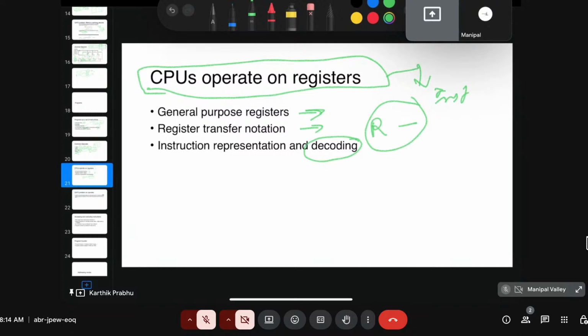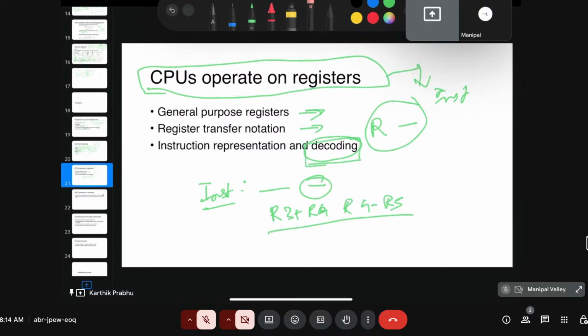Because the instruction is going to tell everything that needs to be done to those memory locations. The CPU needs to decode the instruction first to get the memory in that location, and then to understand what needs to be done, whether some addition or some subtraction needs to be done. So the CPU will decide that.